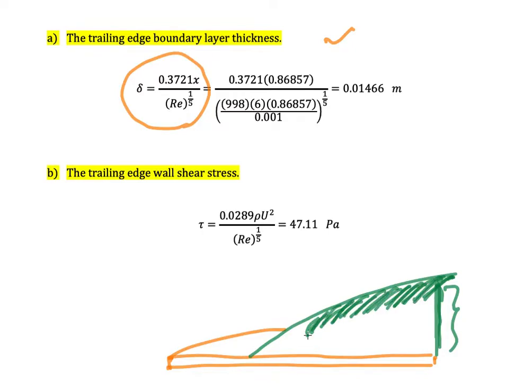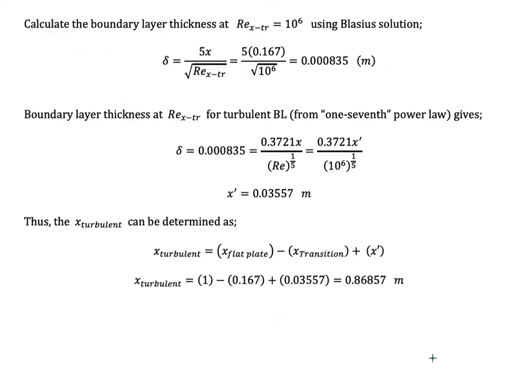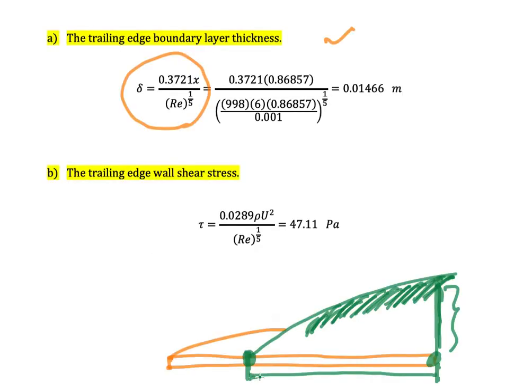But the most important thing you need to know is that we need to use the distance from here to here only, because this is the starting point of the turbulent boundary layer and this is the end point. That's why in the previous calculation we needed to calculate the value of x turbulent, because we need to know the total length of the turbulent boundary layer only.